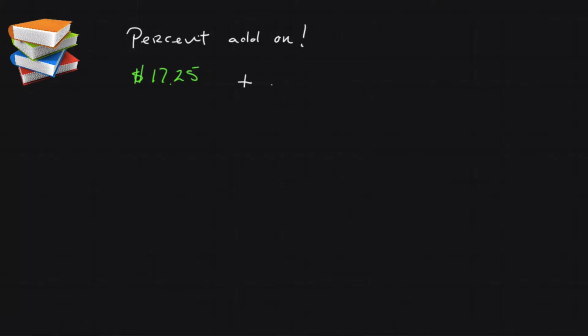This is what we call the add-on. And in this case, it's going to be 9% tax, right? So let's think about what you have to pay. Well, first of all, you have to pay 100% of the price of the book. It's not on sale, so you're going to pay 100% of $17.25.